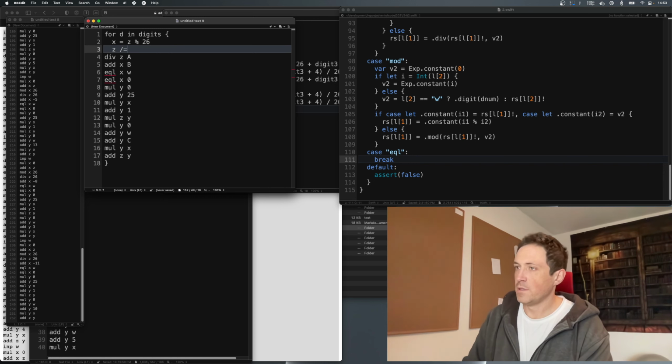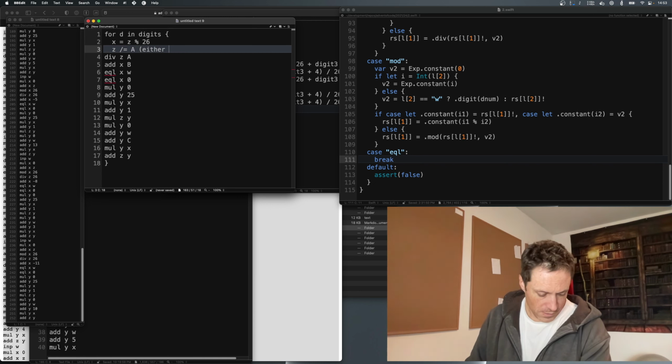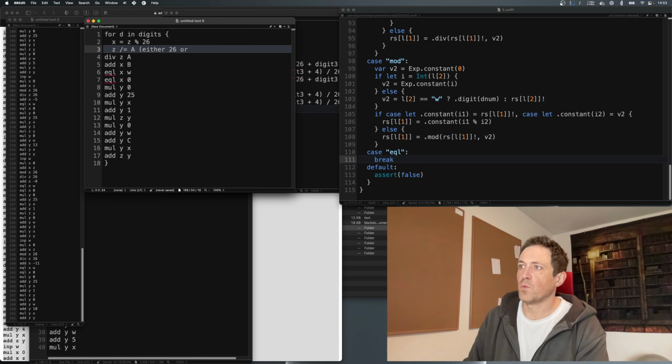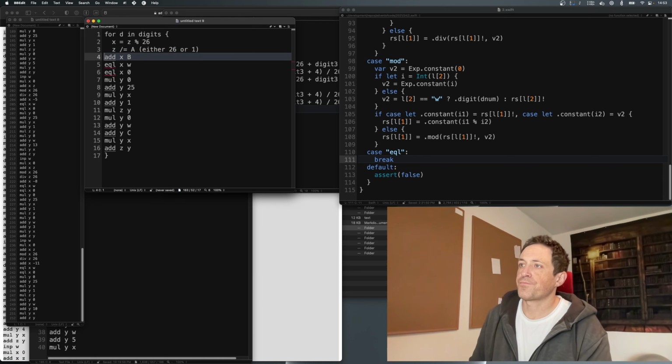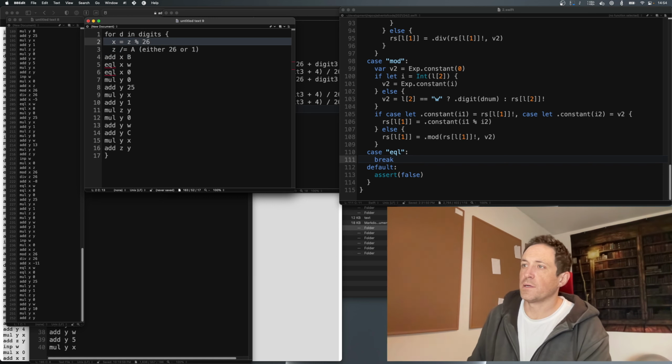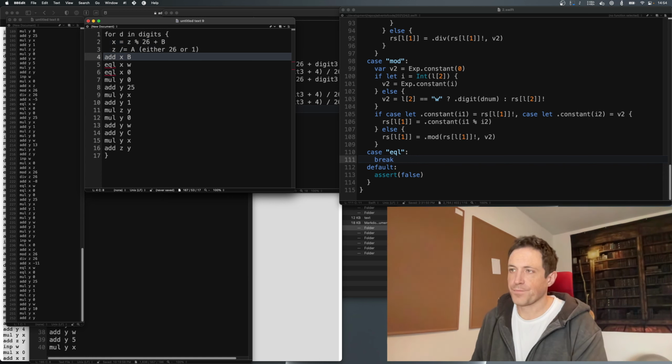Z equals A, which is always either 26 or 1. Good. Okay, we can actually put this up here. 26 plus B, whatever B happens to be.